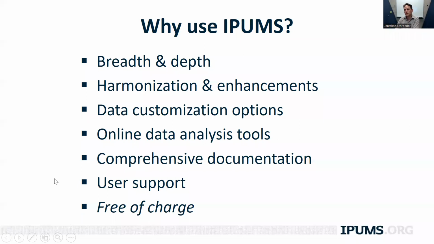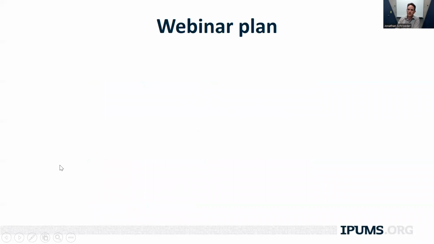And the only requirement is that you agree to a few use terms, which include generally that you cite us when you publish anything based on our data, and that you do not redistribute the data without permission. But we do actually have many cases where we do allow users to redistribute IPUMS data if you choose.